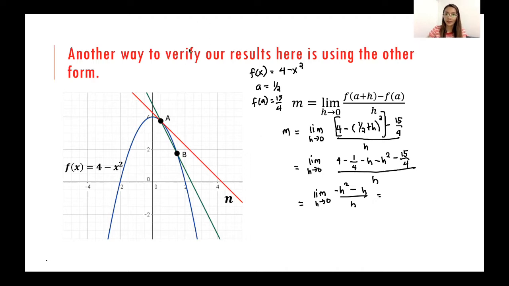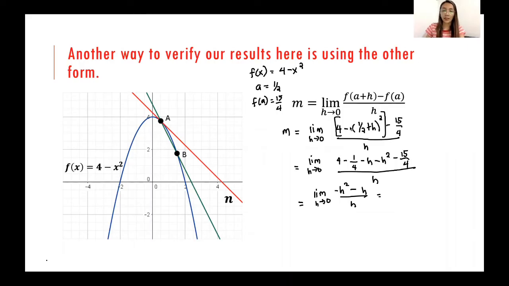Okay, so I repeat. So, may negative sign pala dito. So, we need to apply distributive property. Okay, so negative, i-multiply mo yan lahat dyan. So, dito na tayo, negative 1/4, negative h and negative h squared. Nagbago yung sign nila.